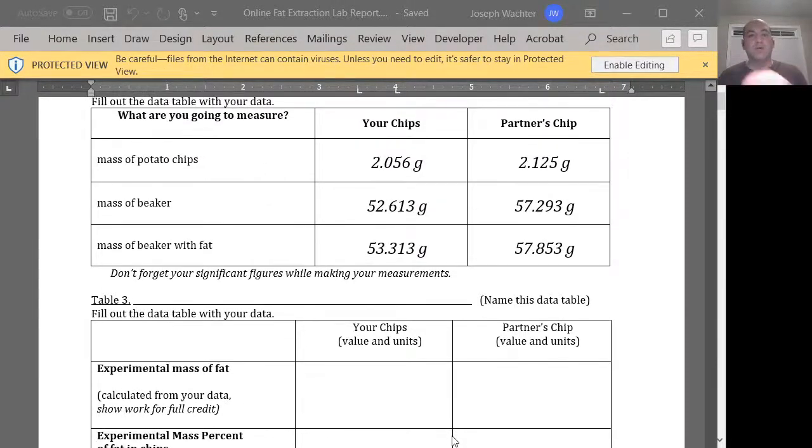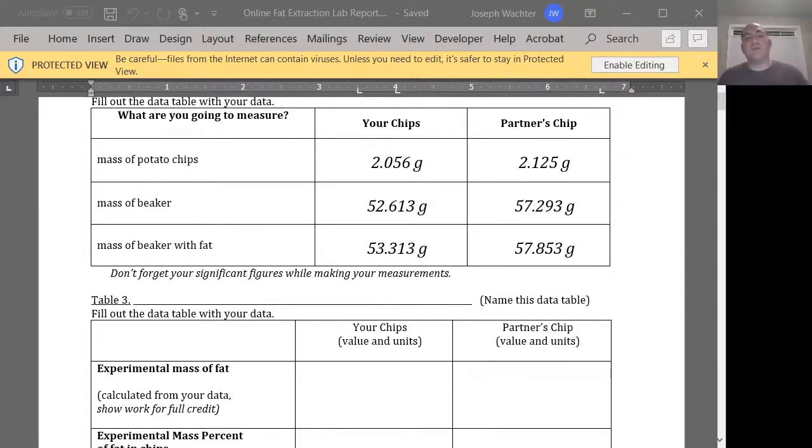So for example, after you extract the fat, and again, you've got to read the instructions to see what that means, you now have a beaker with some fat in it. So the difference between the mass of the beaker and the mass of the beaker with the fat, in both cases, is the experimental mass of fat. Right? So how much you calculated.